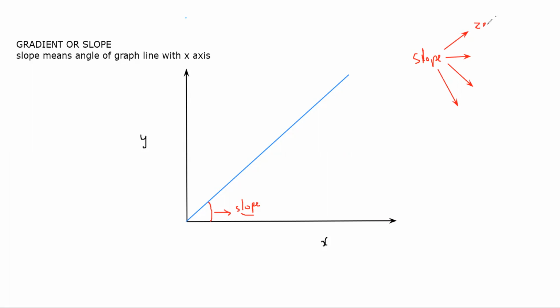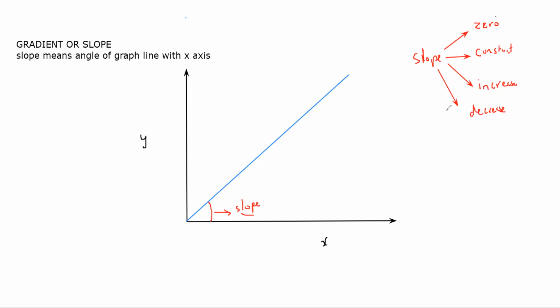Slope of a line might be zero, slope of a line might be constant, means the angle is not changing. Slope of line may increase, and slope of the line may decrease. So from the shape of the graph, you can identify what happened to the slope of the line.